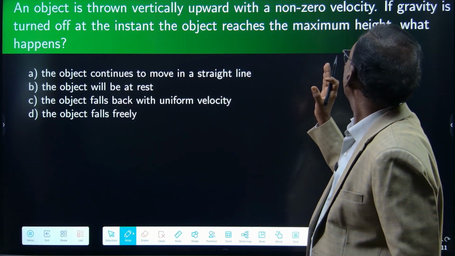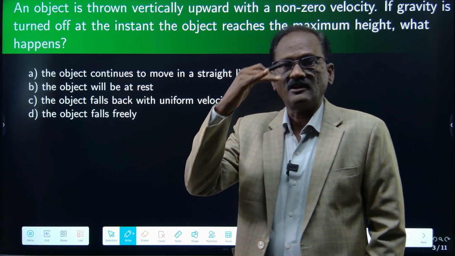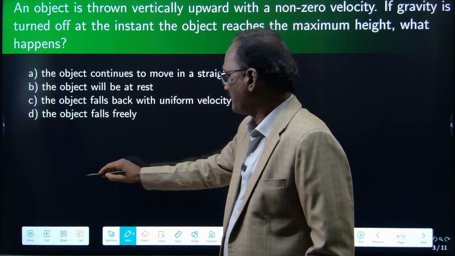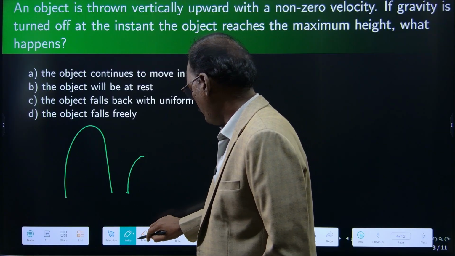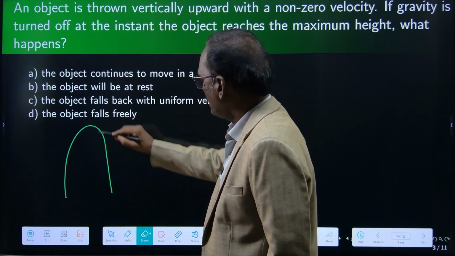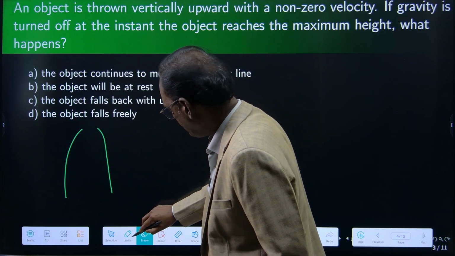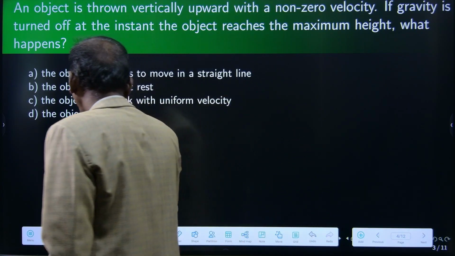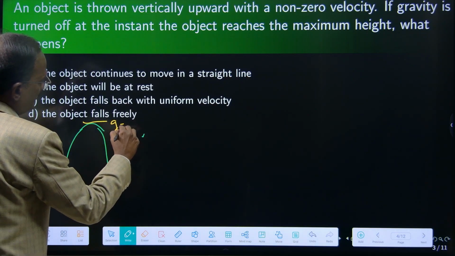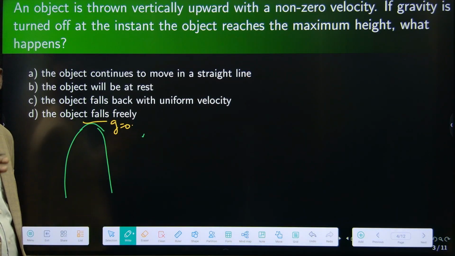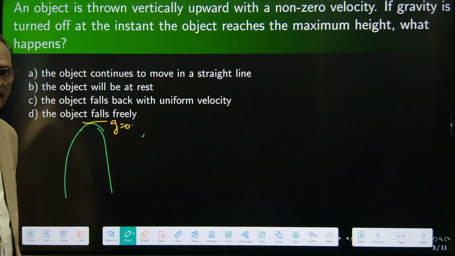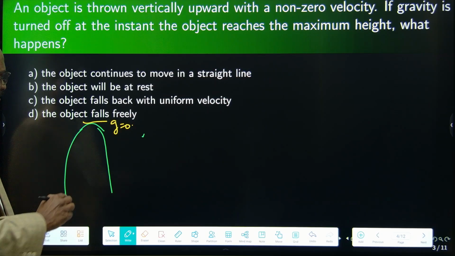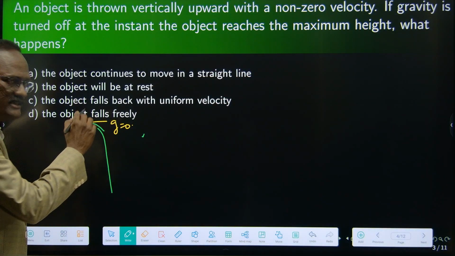When it reaches the maximum height, gravity is turned off. At this maximum height, g is made 0. We are assuming that the data is like that. They assume g is equal to 0 at this point, and this is important.